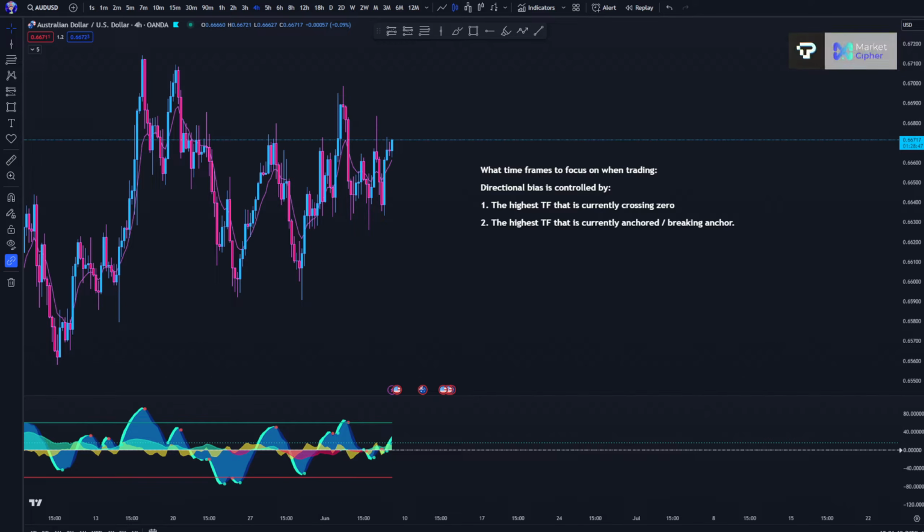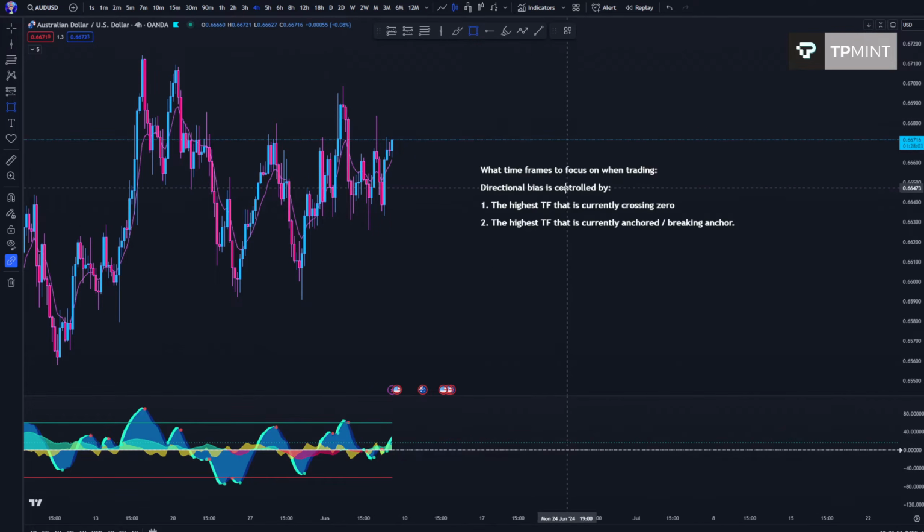So initially, just starting out, you're going to be trying to decide the directional bias of the asset that you're trading, so what direction to focus on, and then nesting your entries inside that bias. This ties up with the Market Cipher B cheat sheet that we have in the Discord under the announcement section, guys.